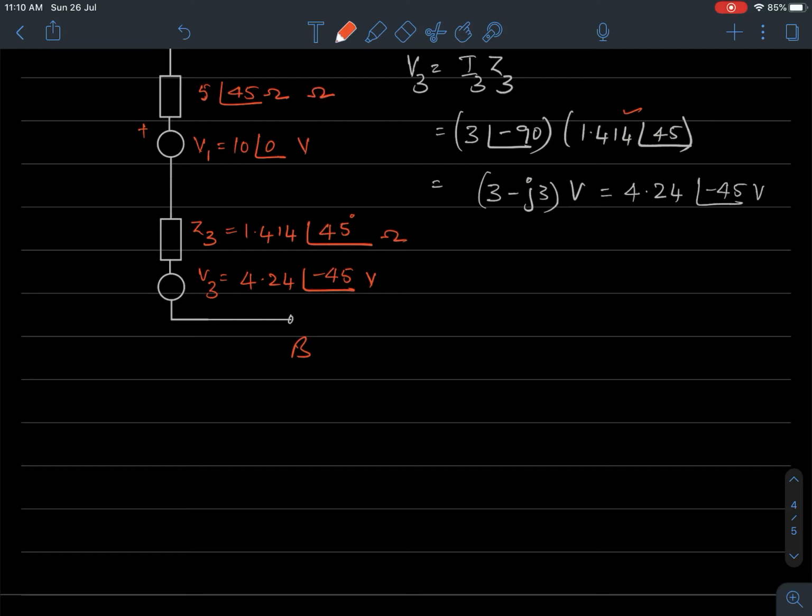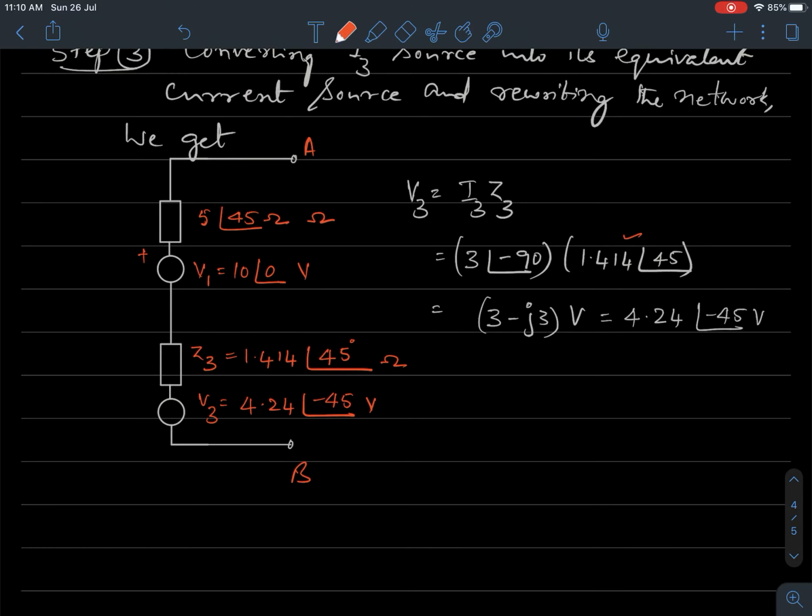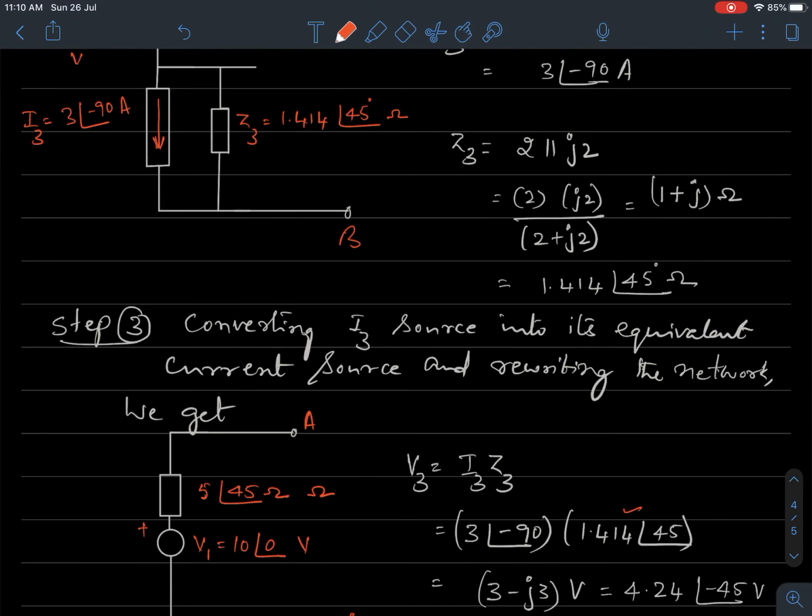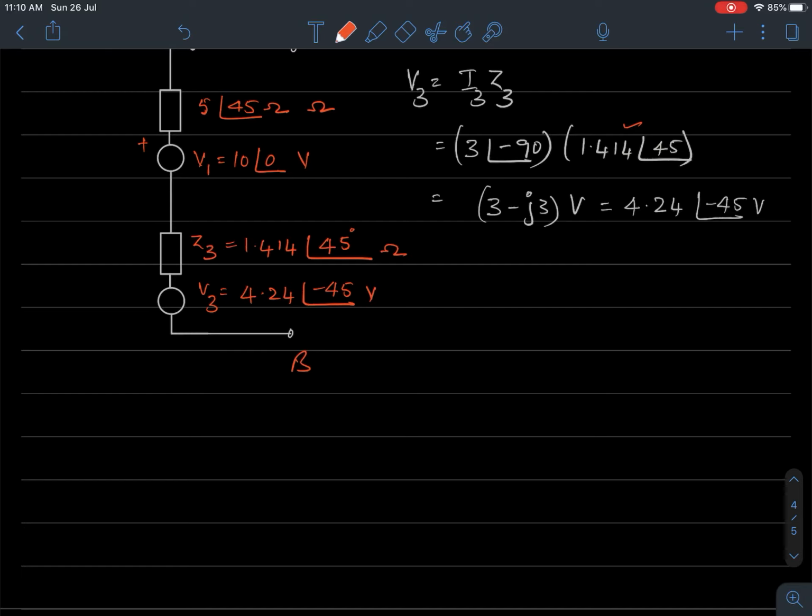These are all volts, these are all in ohms. What is the polarity of V3? If you look at I3, I3 has got an arrow downwards, so the downward end is positive. Is it okay?